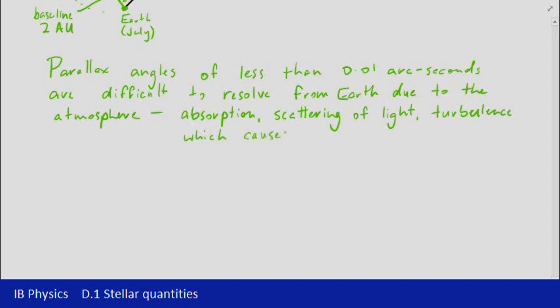So if we get that twinkling of stars, that's going to make it hard to identify the exact position of the star and to measure the angle accurately. All of that combined limits distance measurements to 100 parsecs.